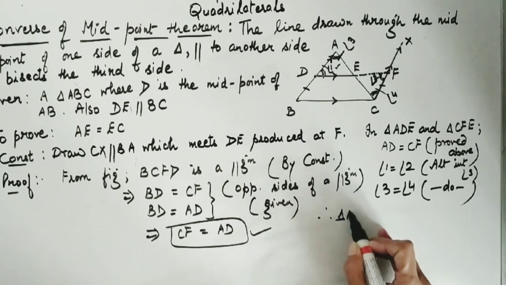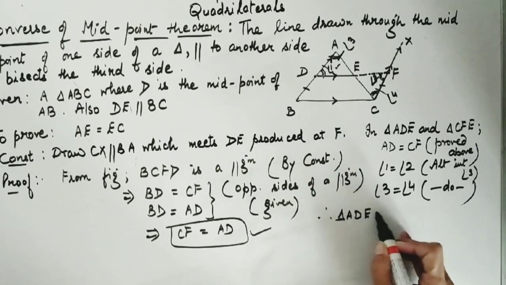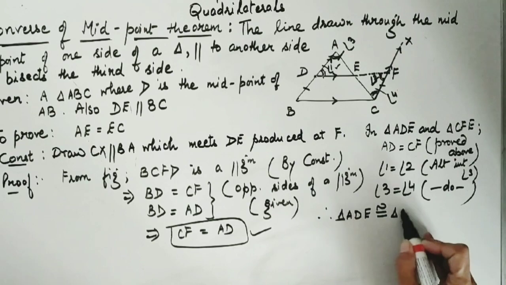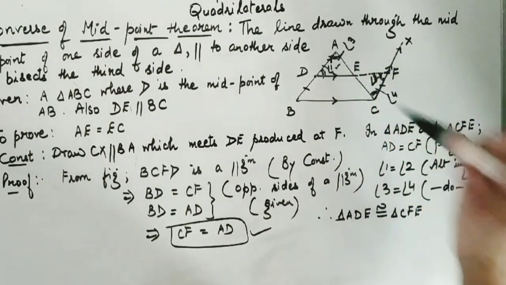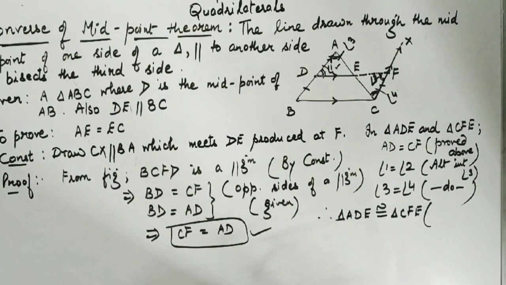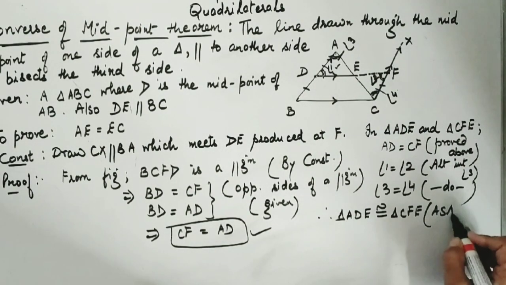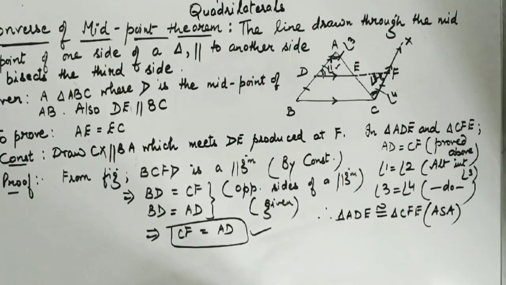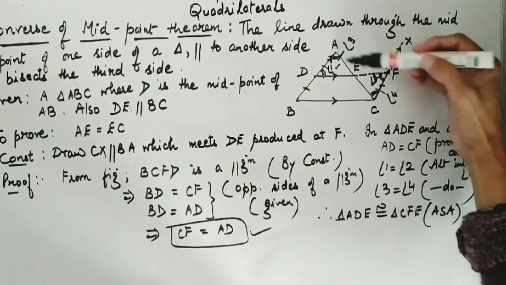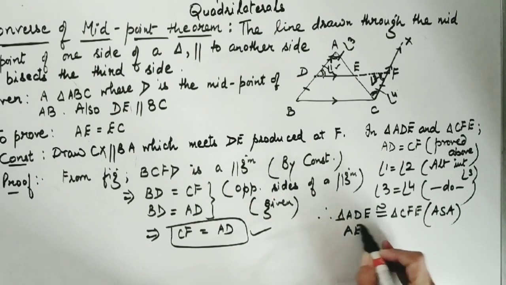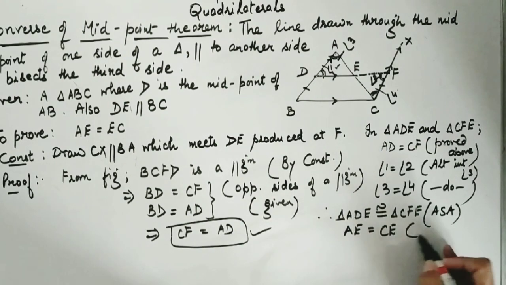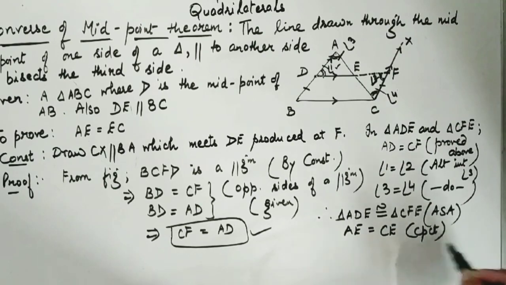Therefore, triangle ADE is congruent to triangle CFE, and the rule is angle side angle. By ASA, the triangles are congruent, and by CPCT, AE is equal to CE. So that's how the converse of the midpoint theorem is proved. I am sure this must be clear to everyone.